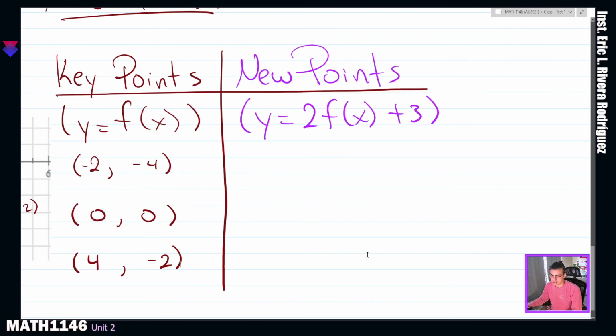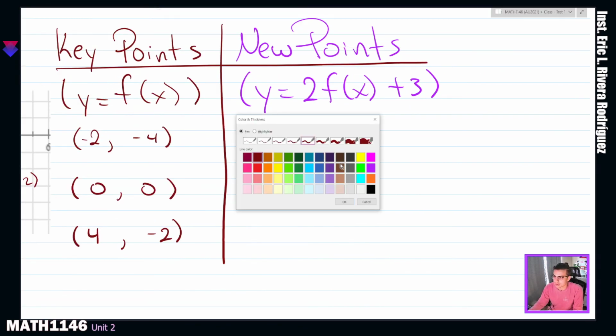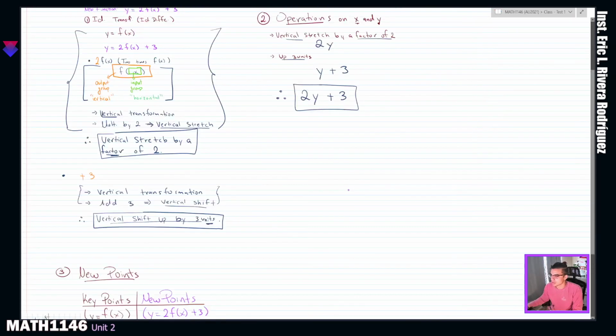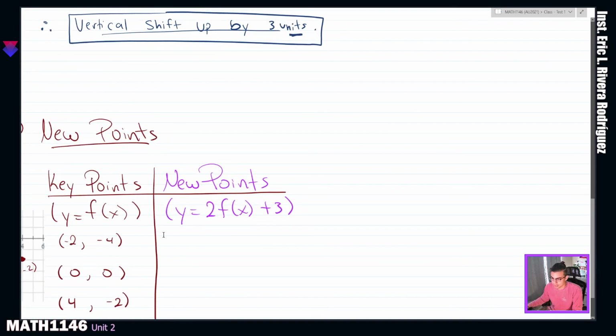Those are the key points. And now we are going to use this equation to get the new points.